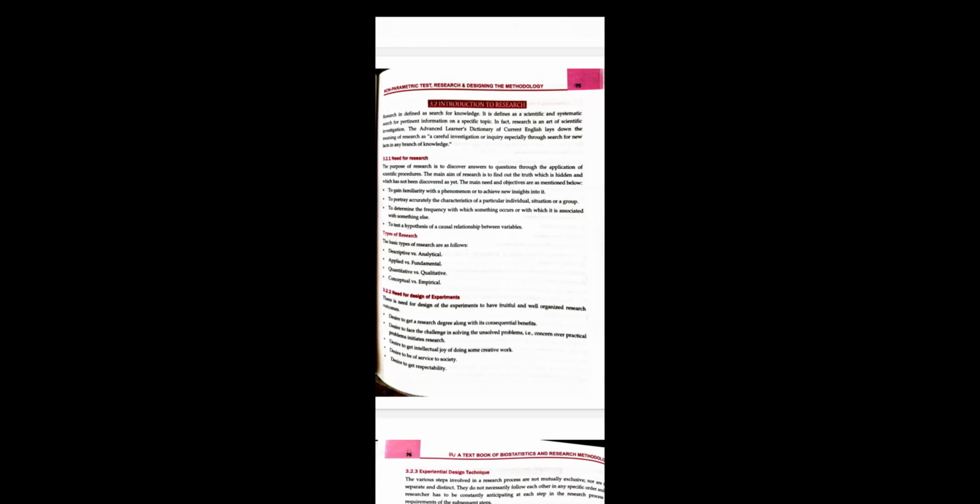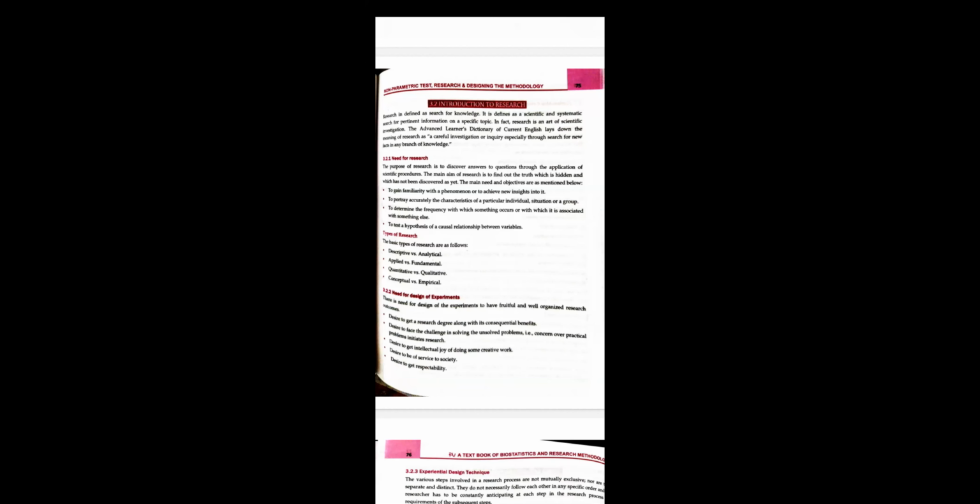Let me revise once again what I said previously. Research means searching for knowledge; it is a scientific and systematic search for pertinent information on a specific topic.